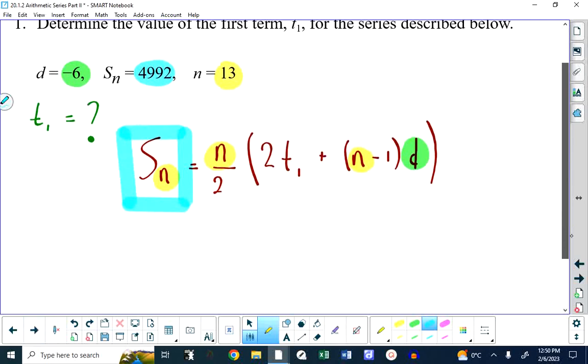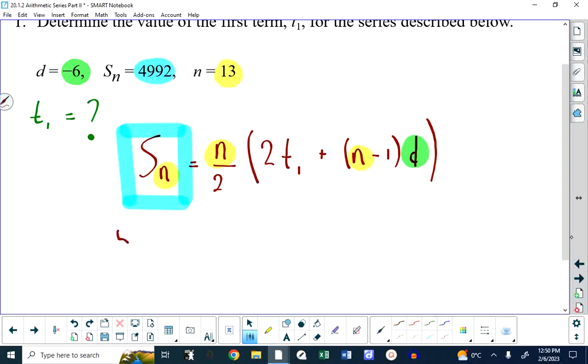When I put these numbers in, I have 4992 equals 13 over 2 times (2 times T1 plus, and I so much want to just write 12 there, where the N minus 1 is. I'm not going to, because I know there'll be one or two people who go, where did the 12 come from?